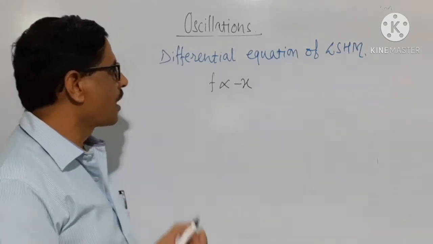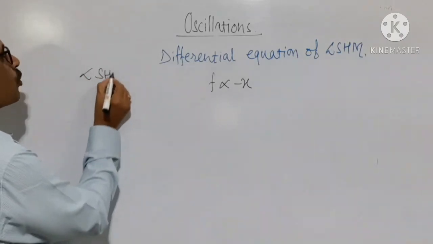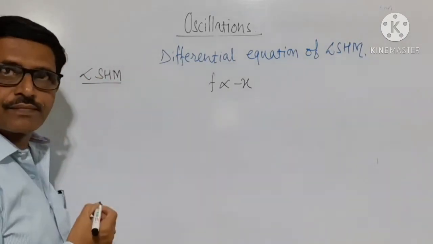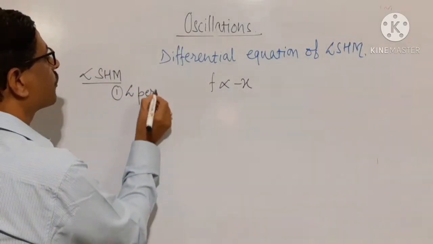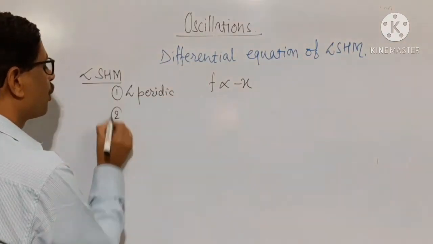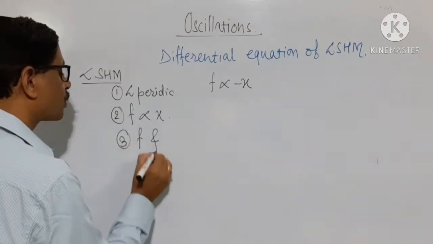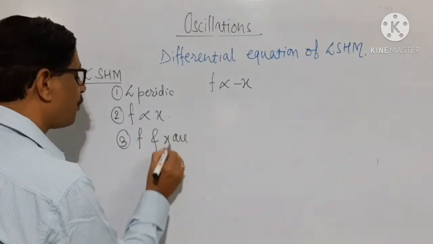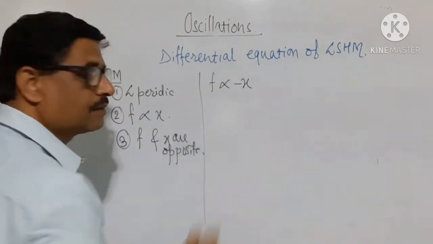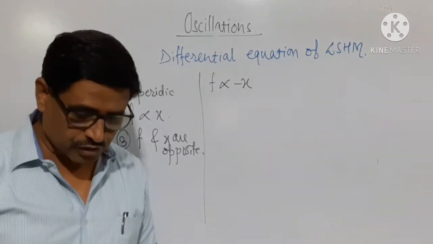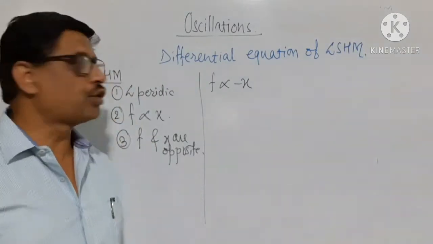Therefore, as we stated earlier, linear simple harmonic motion is defined as linear periodic motion in which force is directly proportional to displacement. Force and displacement are opposite. All the three things are written in one equation, that is, F is directly proportional to minus x.